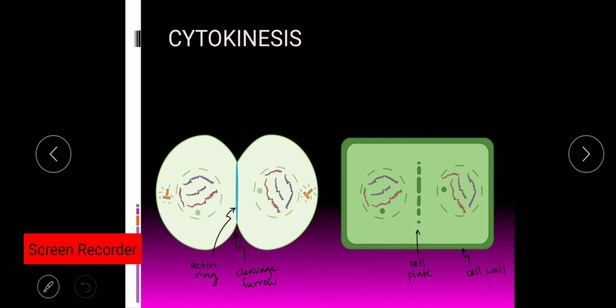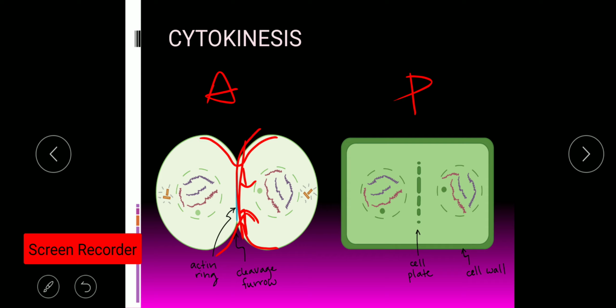Now we have to see the cytokinesis, and there is a difference between the cytokinesis of animal cell and the cytokinesis of plant cell. In cytokinesis of animal cell, a furrow is formed in the periphery of the cell membrane, and this furrow moves in the centripetal direction, towards the center, and in this way the cytokinesis occurs.